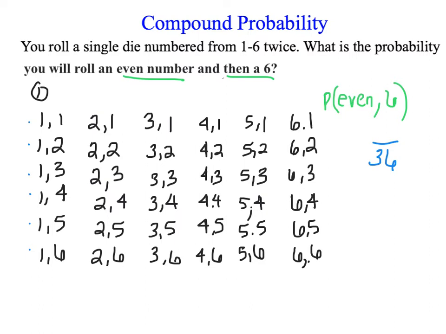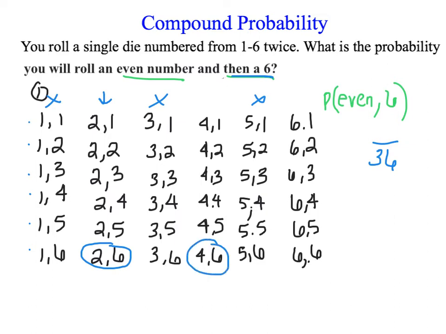Now I only want one that starts off with an even number and then a 6. So this whole first column is out, along with this one and this one, because it doesn't start with an even number. This row right here, 2 is even. So if I roll a 2, I then need to roll a 6. So this is a winning outcome.